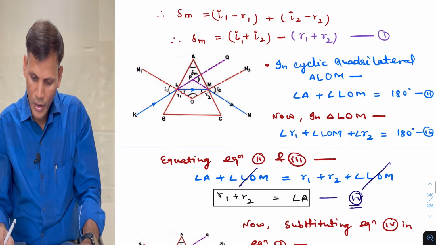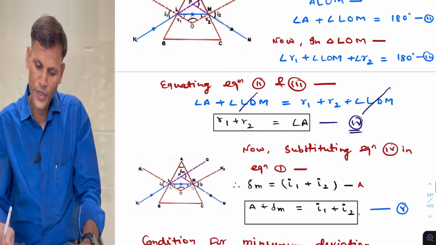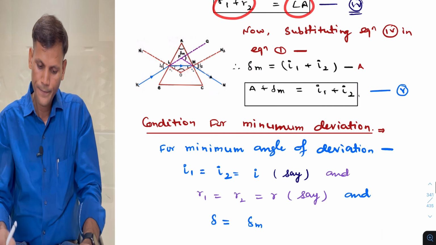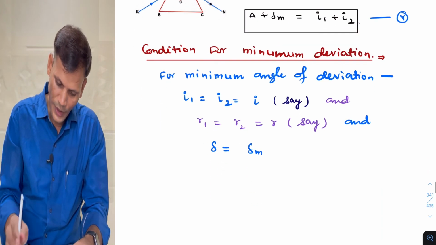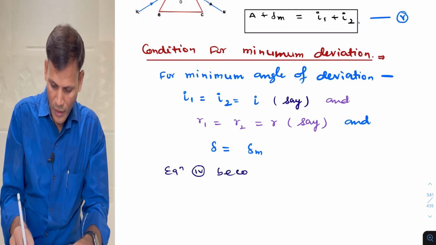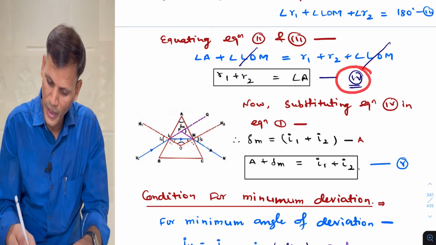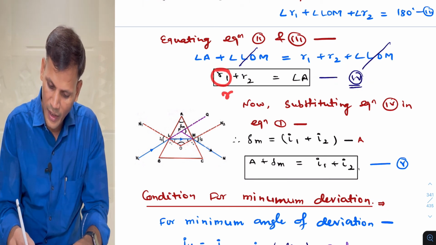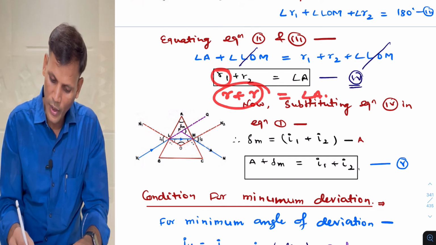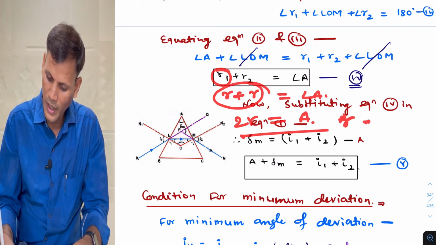So equation 4 becomes, first of all we will talk about equation 4. In equation 4, if we put this condition, in place of R1 we put R, in place of R2 we put R, equal to angle A. So 2R is equal to angle A, so R will be A by 2.